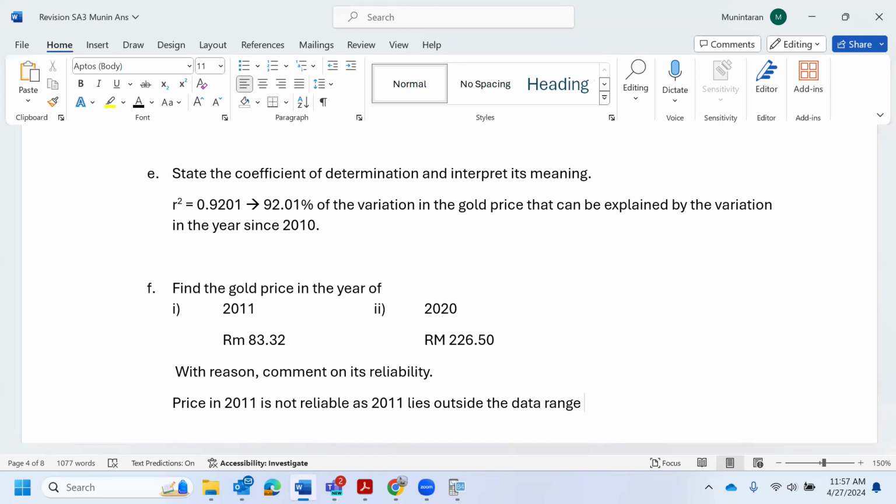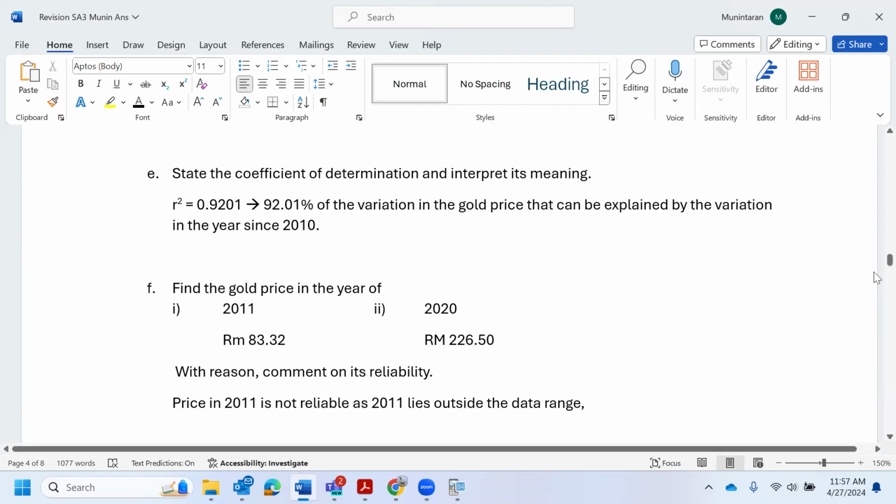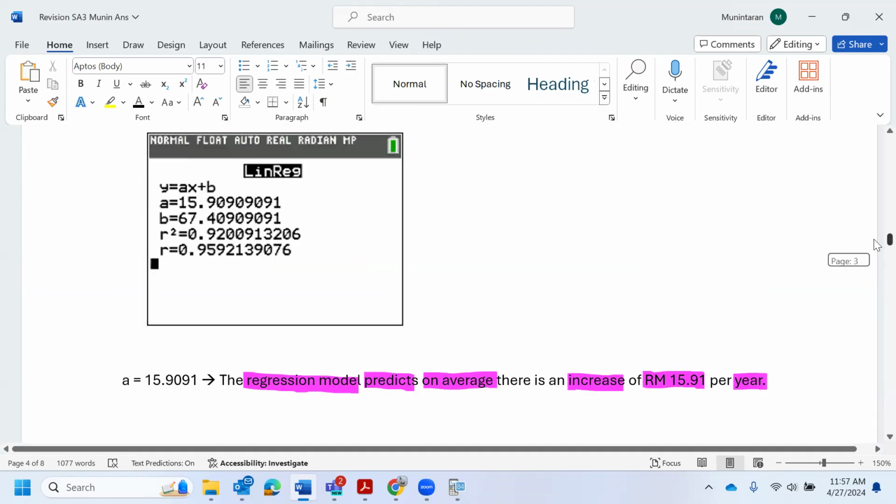When it's outside the data range, the pattern or the model may not be the same. There are times gold price dropped tremendously. So maybe in 2010 the gold price was probably higher. We do not know, we do not get the data.